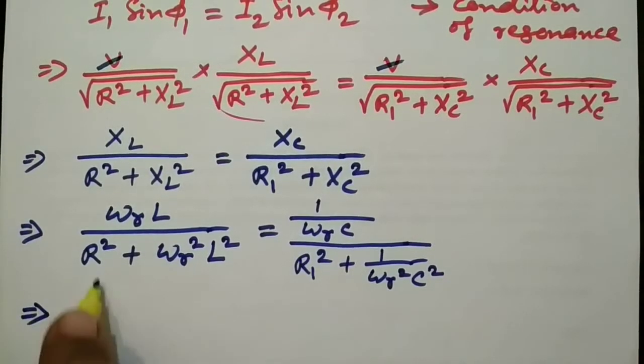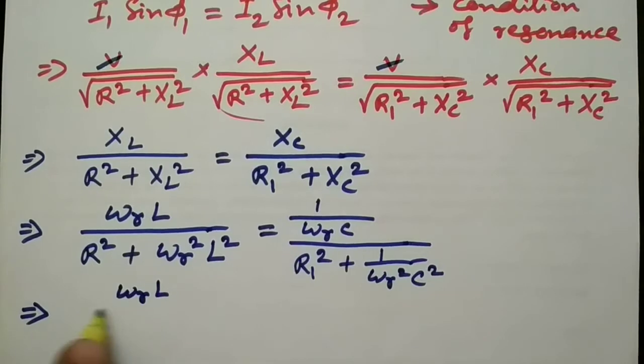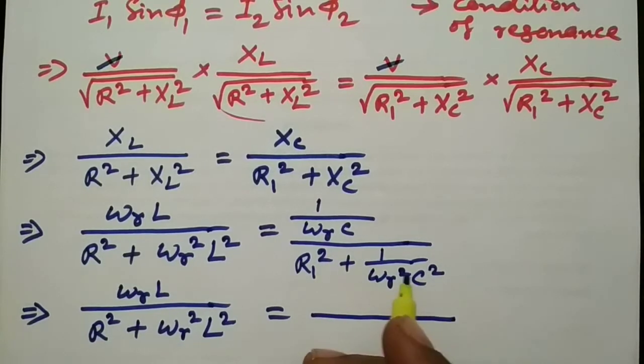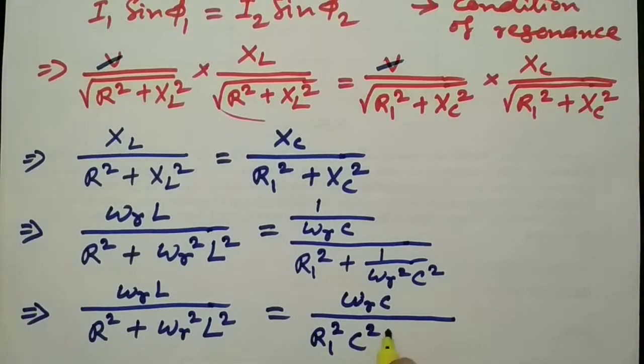So in the next step it is omega R into L upon R square plus omega R square L square. Here after simplification it will be omega R into C upon R1 square C square omega R square plus 1.